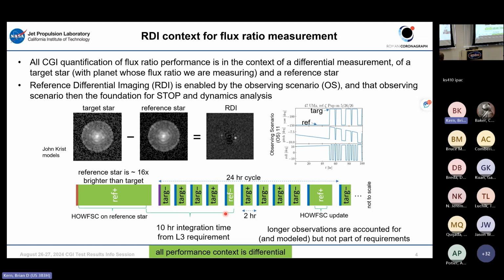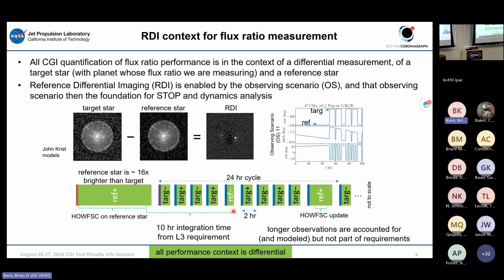So the 10-hour part, John already showed a better graphic for what we're talking about here. After we finish doing HOFs and getting the dark hole that we wanted, we spend a little bit of time sitting still on the reference. We visit the target, in this particular case, 4 different times, and then we go back to the reference.